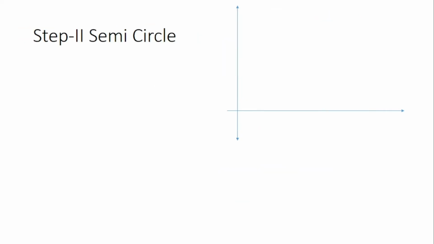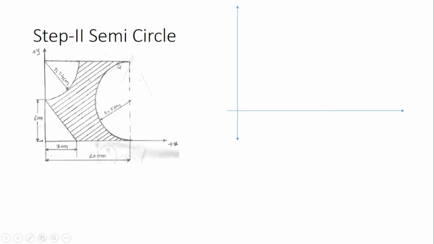Now we'll go to the second step, the last shape, which is known as a semicircle. The semicircle is located at the end of this square. The radius of this semicircle is 5 centimeters. So we can say the distance of this semicircle from the reference axis is 10 centimeter. It is given, and we can say this is the center of the semicircle.